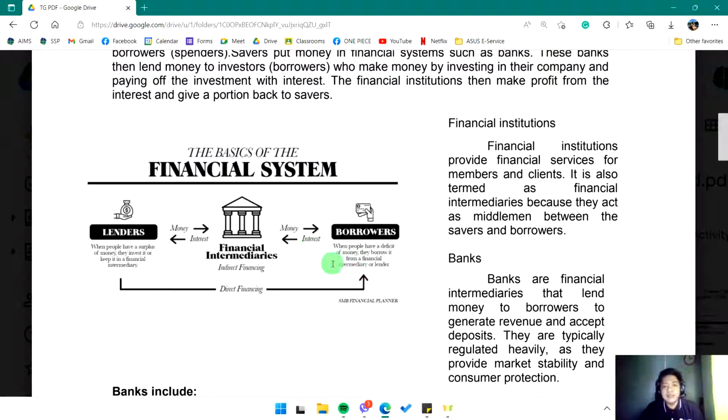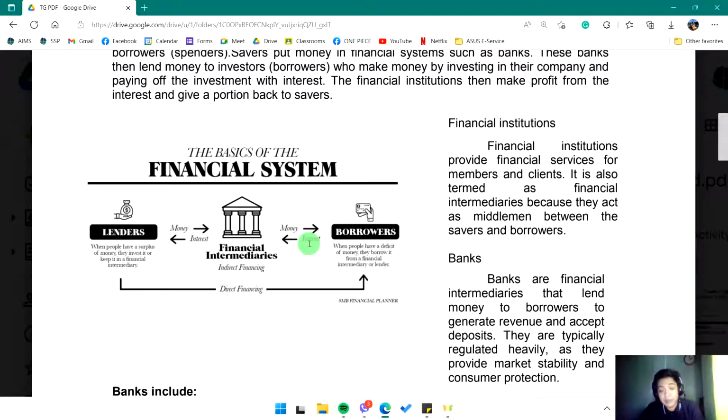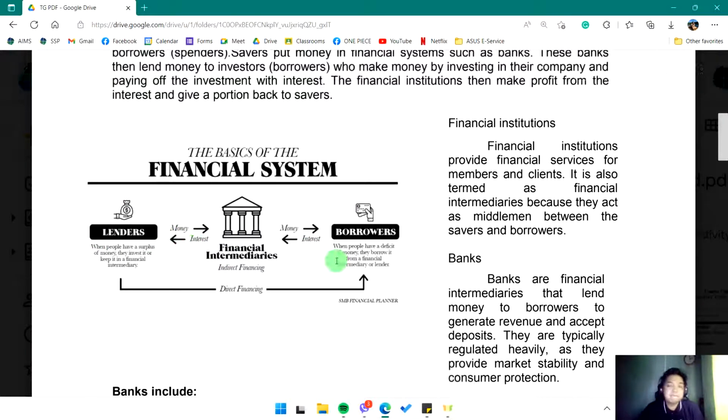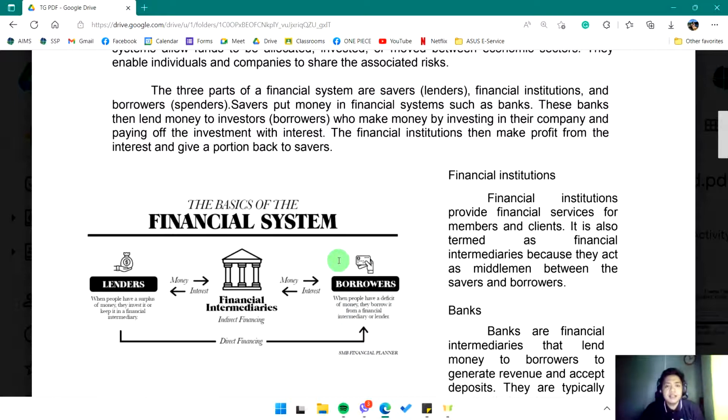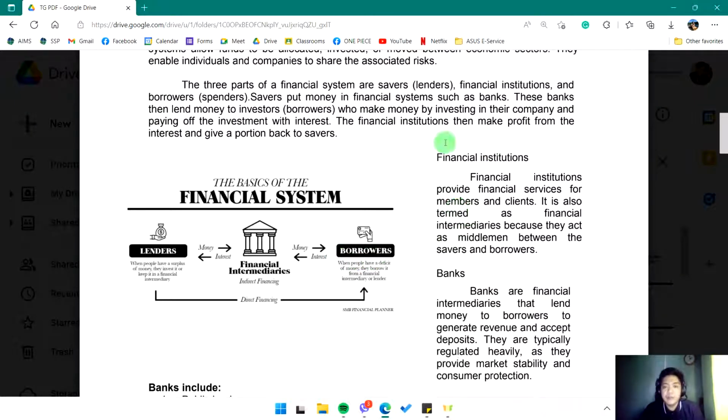This interest will go directly to the financial institutions, and this will be their form of profit. And then in turn, financial institutions will also give interest back to the lenders or savers. Let's move forward with this information.